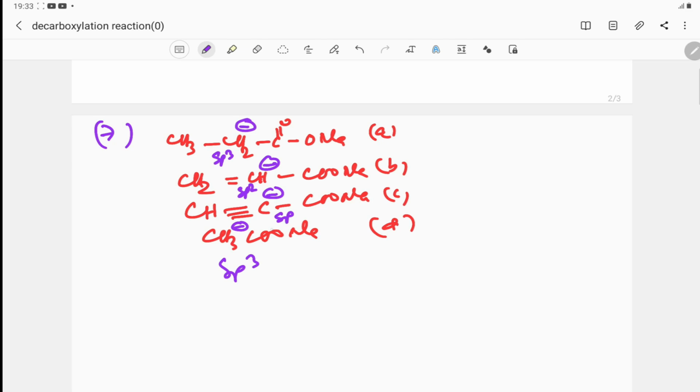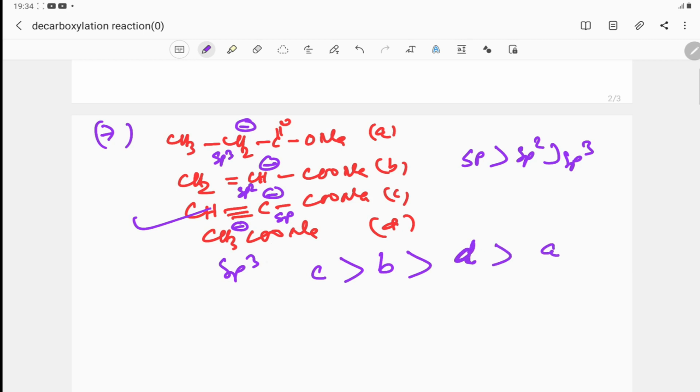As sp carbon has more s character, the electronegativity of that carbon is more compared to sp2 and sp3. sp carbon is more electronegative than sp2 than sp3, so the carbanion will automatically be more stable. So as C is this, the carbon having the negative charge with a triple bond, that carbanion will be more stable. So the order of reactivity will be C, then B, then D, then A.